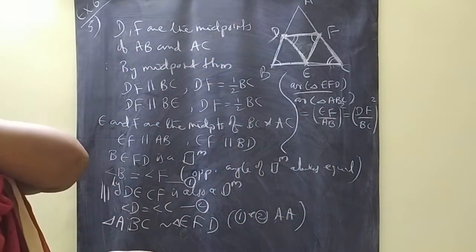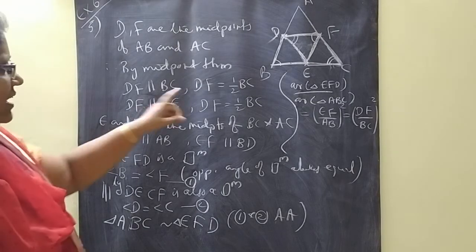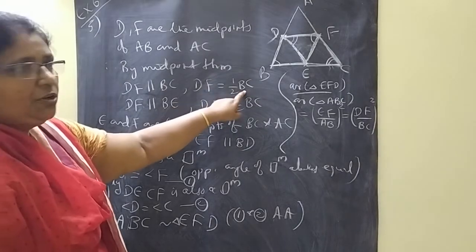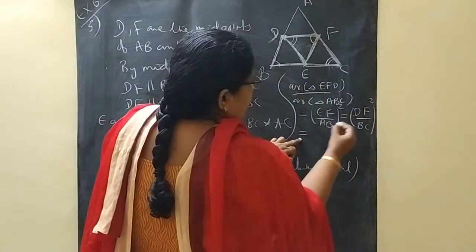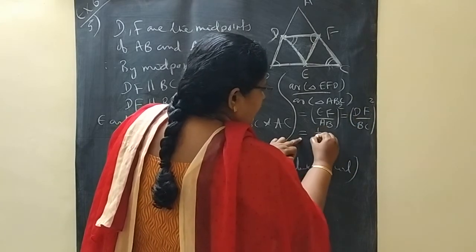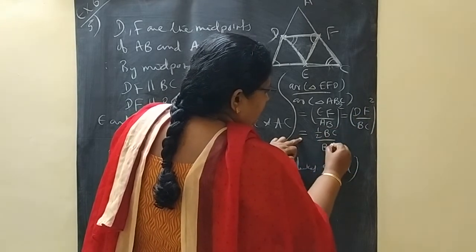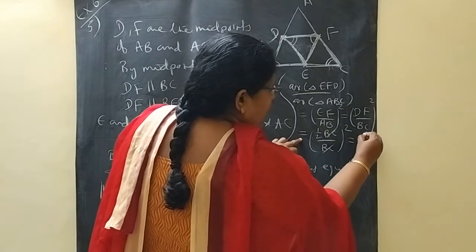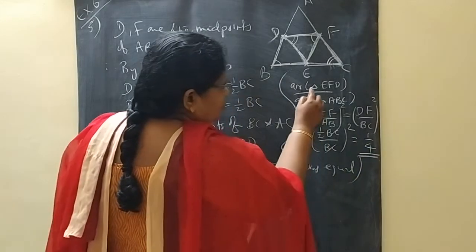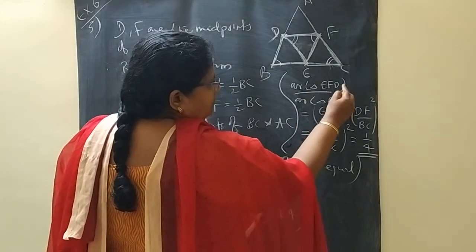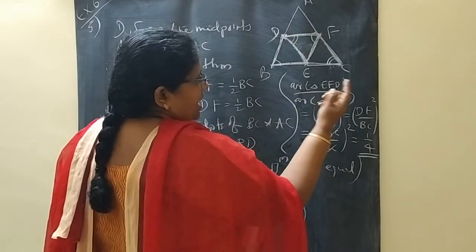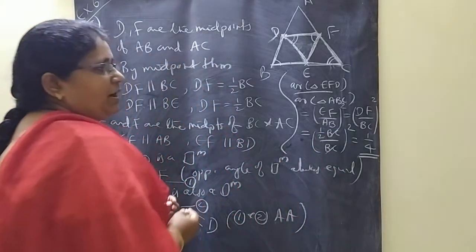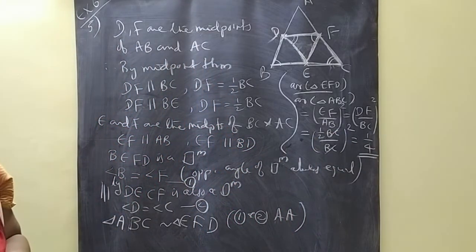Now you see, DF is half BC. So instead of DF I am writing half BC by BC, whole square. BC and BC cancel. (1 by 2) whole square is 1 by 4. So area of triangle DEF divided by area of triangle ABC is equal to 1 by 4.